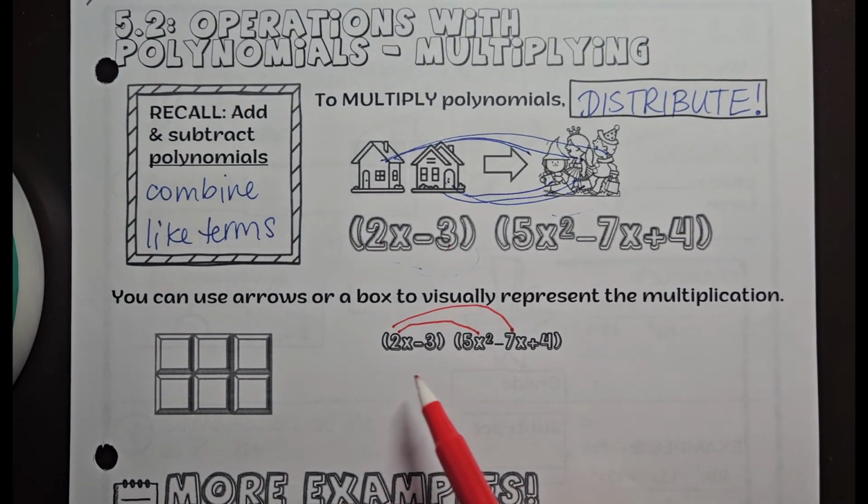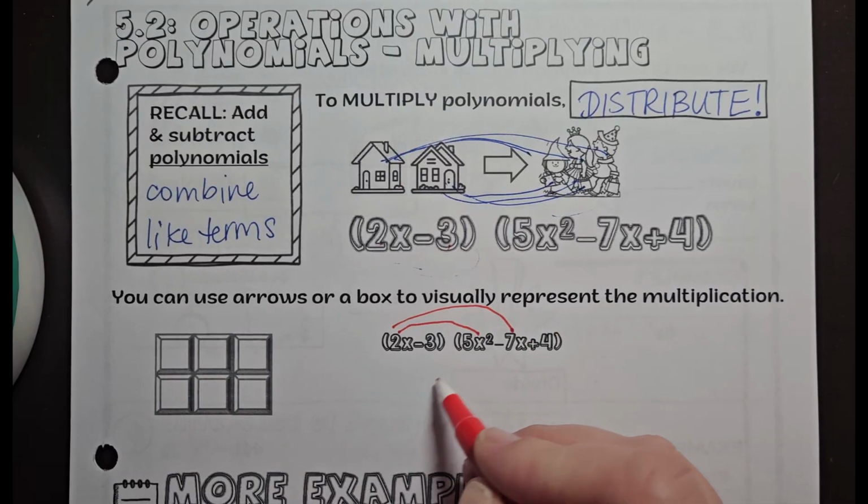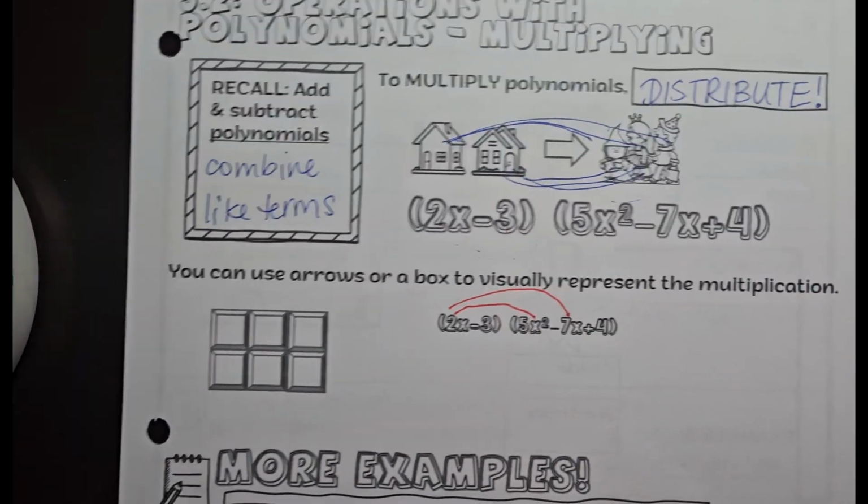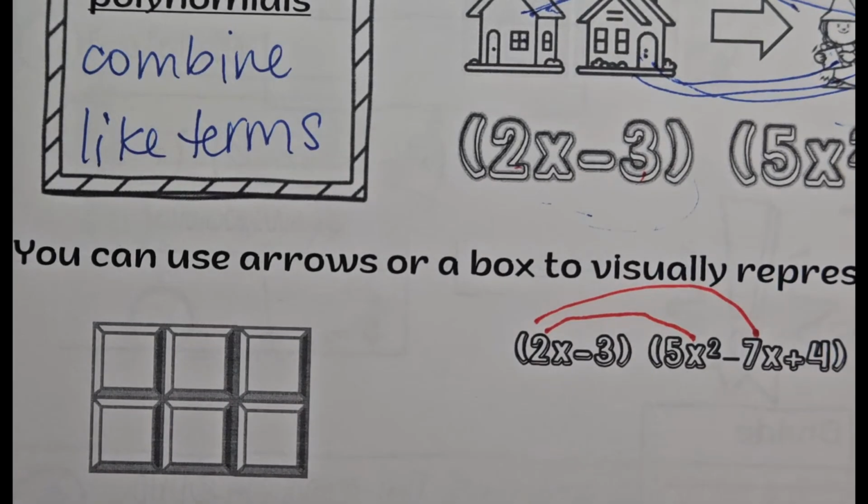You can do that and just write your terms out in a row, but a lot of students like to use a box to visually represent it and organize it, so I'm going to show you how to do that. We take our first polynomial, 2x minus 3, which has 2 terms, so notice we have 2 rows on our box: 2x and then negative 3.